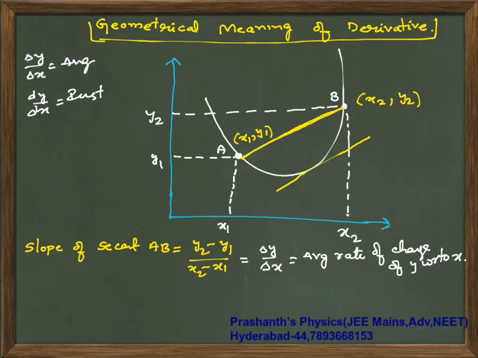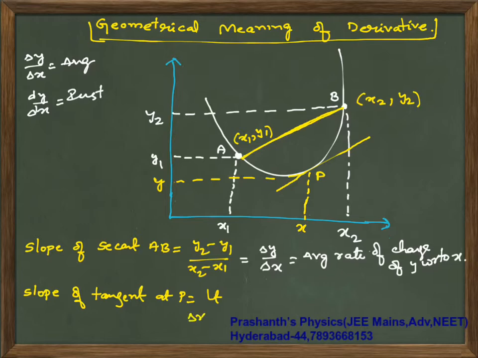Now if you reduce that secant gap, that means if delta x is tending to 0, instead of touching the curve at 2 points, it will touch the curve only at 1 point. So your slope of tangent at some point P is the limit of, as you squeeze the gap, delta x tends to 0, delta y by delta x, that is going to become dy by dx.